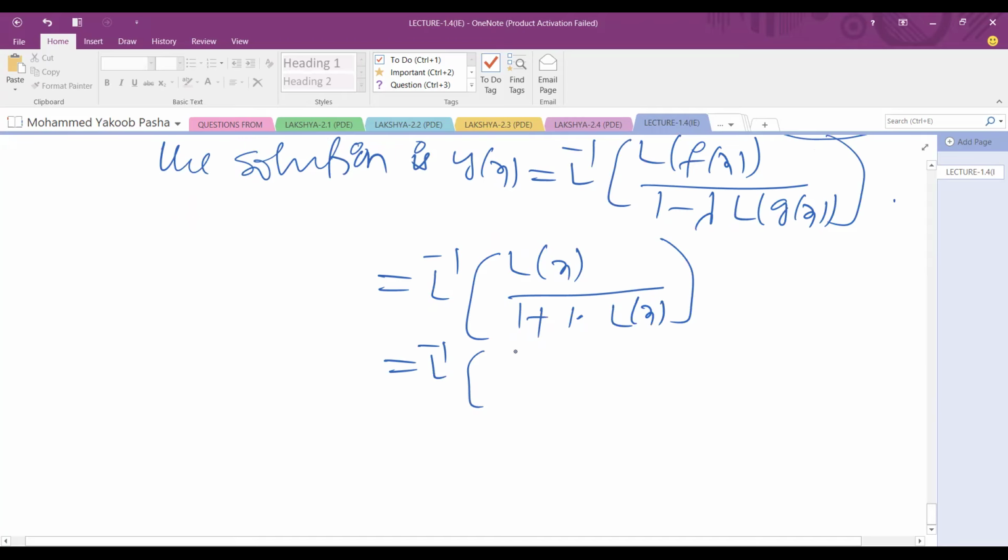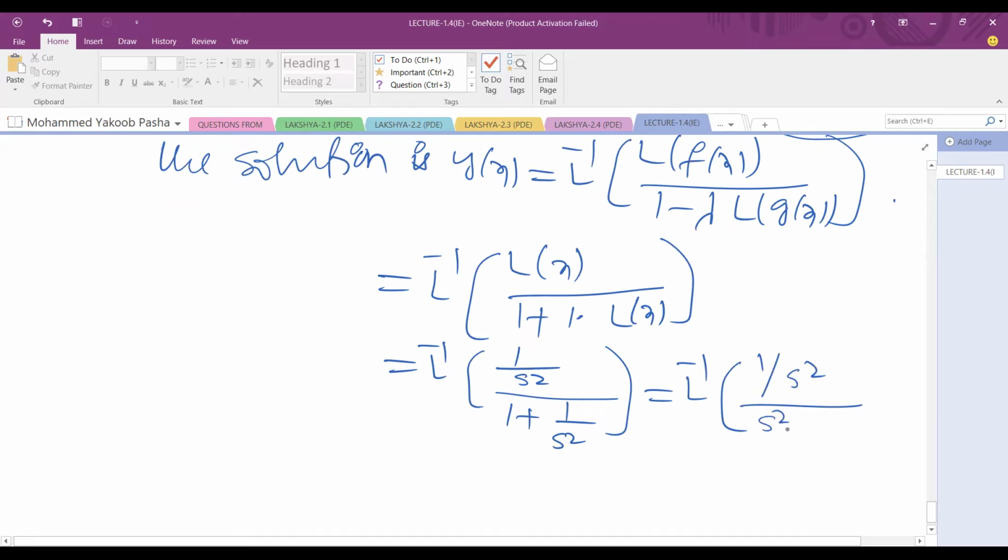So this becomes L inverse of L of x. Laplacian of x is 1 factorial by s square. Here also 1 by s square. So this is inverse Laplacian of 1 by s square divided by (s square plus 1) by s square.